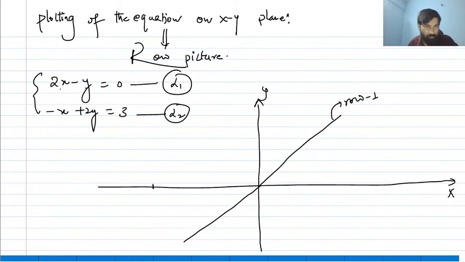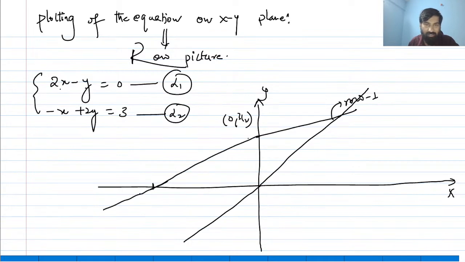Okay. So this is a point somewhere, minus 3 and 0, and you can take any point here, like x equal to 0 means y equal to 3 by 2. So this is a point 0 and 3 by 2. So you can join them now.